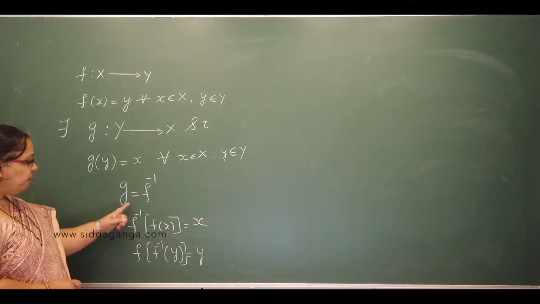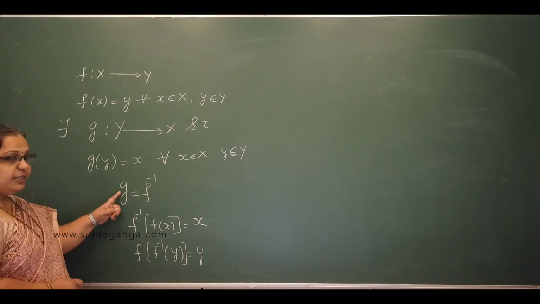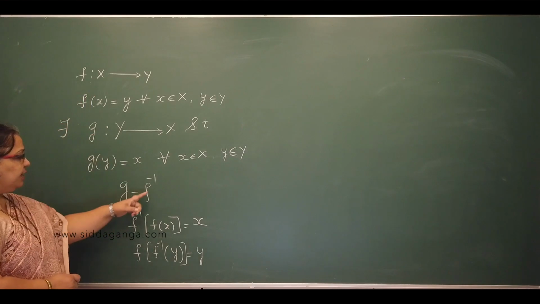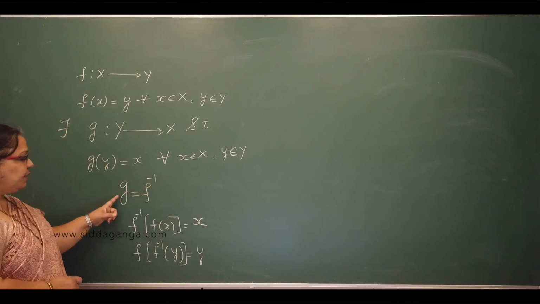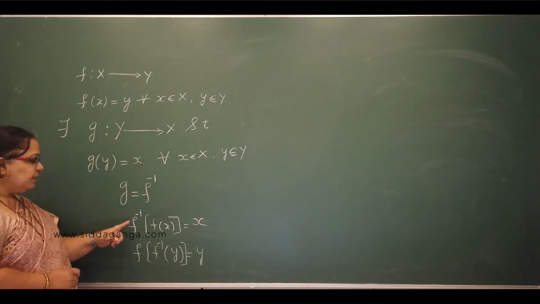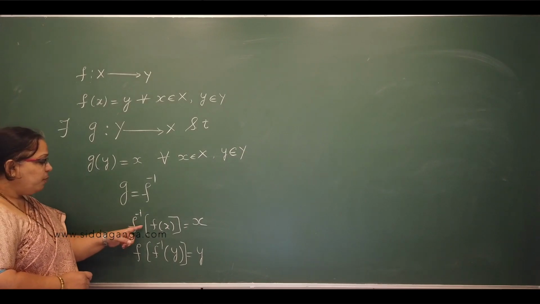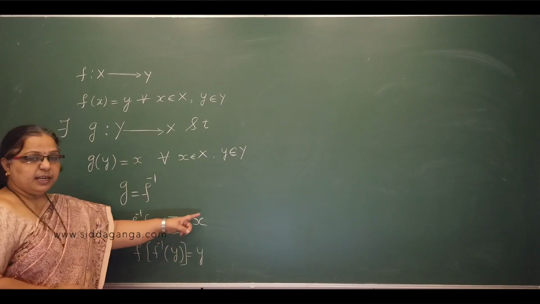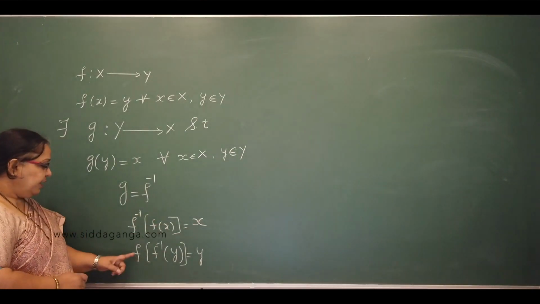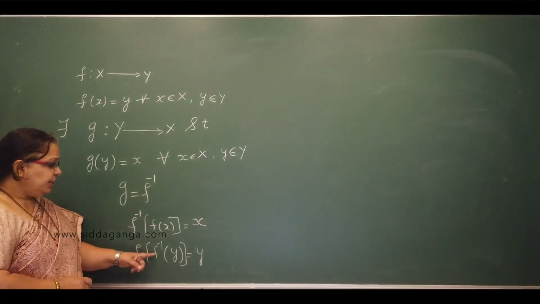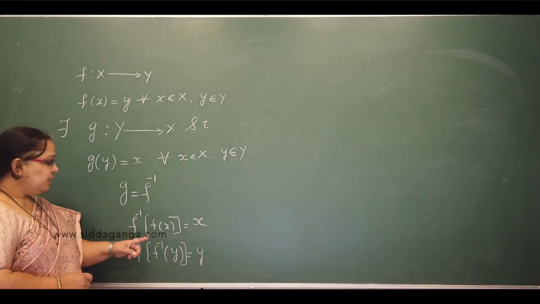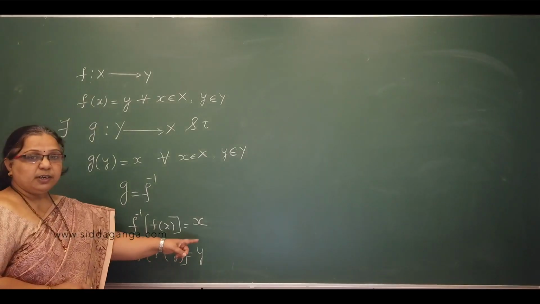In place of f inverse, we can consider it as g, because according to this definition, f inverse is nothing but g. Therefore we get the results g of f of x equals x, and f of g of y equals y.